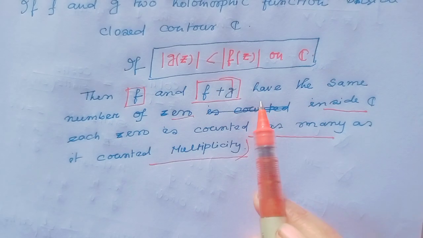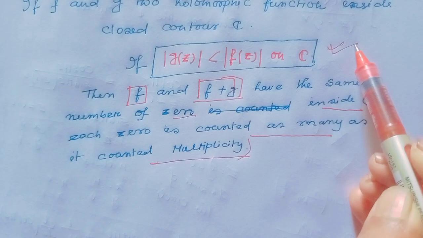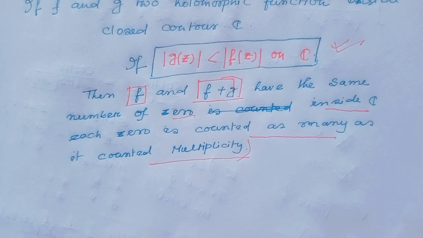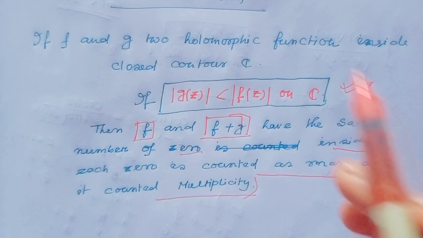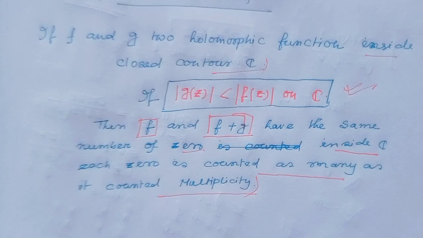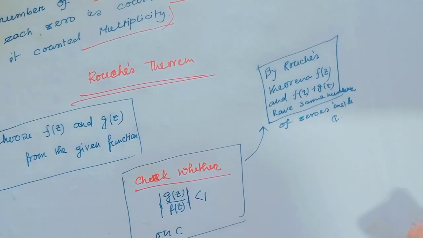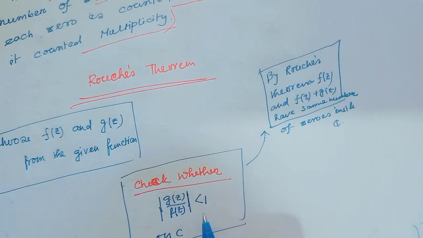f and f plus g always have the same number of zeros, counted with multiplicity, if this is satisfied, where f and g are both holomorphic functions inside the contour C. As an example of Rouche's theorem, first choose f(z) and g(z) from the given function, then check whether mod g(z) is less than mod f(z), that is, mod g(z) over f(z) is less than 1.